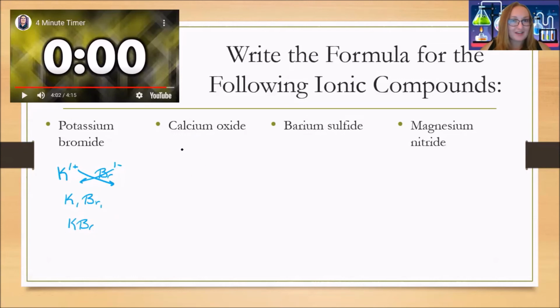Let's move to calcium oxide. I know from looking at the periodic table that the symbol for calcium is Ca. The symbol for oxygen, which is where the word oxide comes from, is O. I also know from their groups that calcium always forms a cation with a +2 charge, and oxygen always forms an anion with a -2 charge.